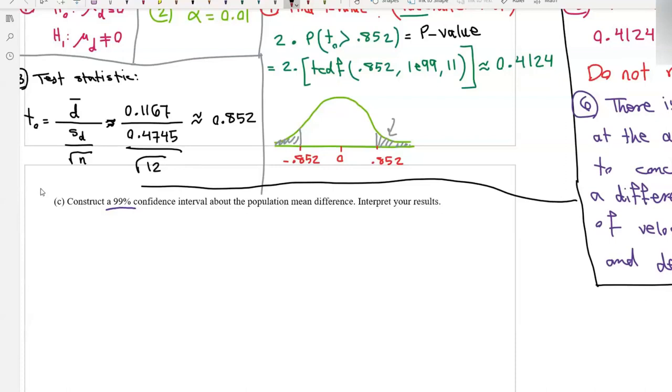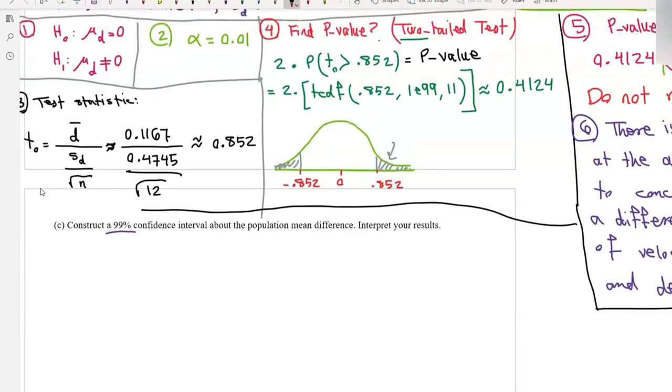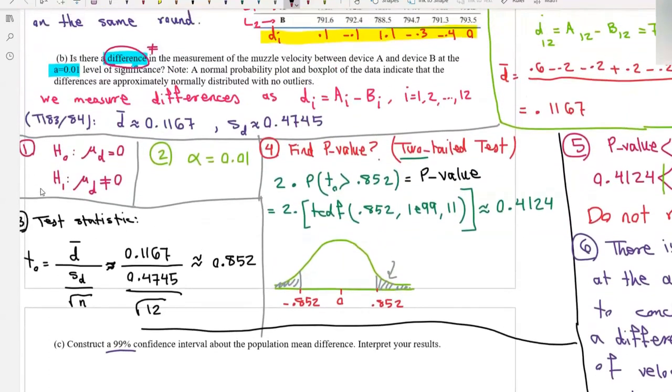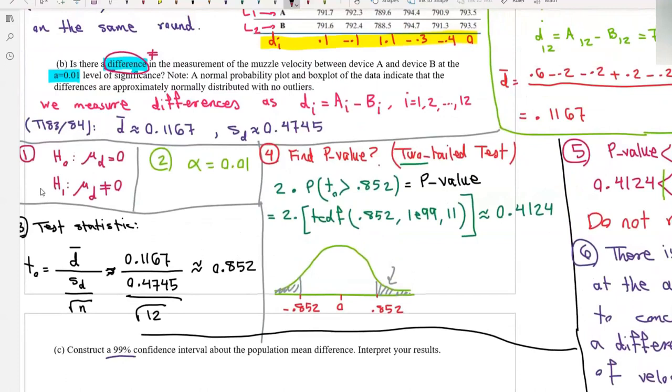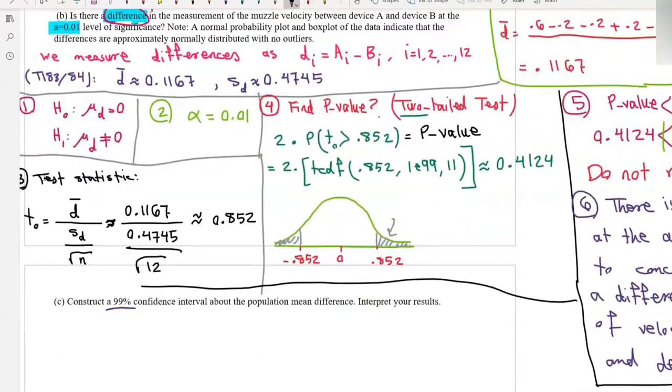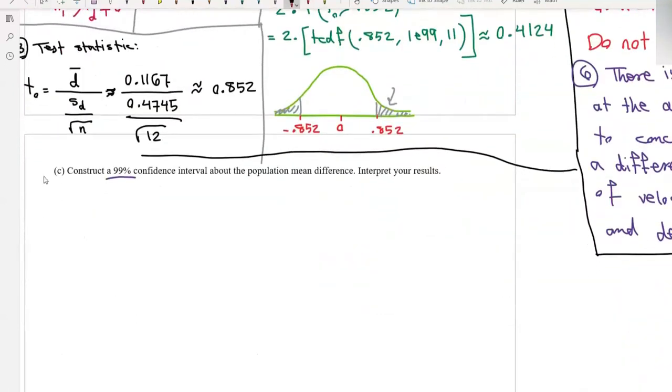So here we have 99% and obviously our alpha is 1%, which is the same as what we had in part B. And degrees of freedom, which is n minus 1, is 12 minus 1, which is 11.